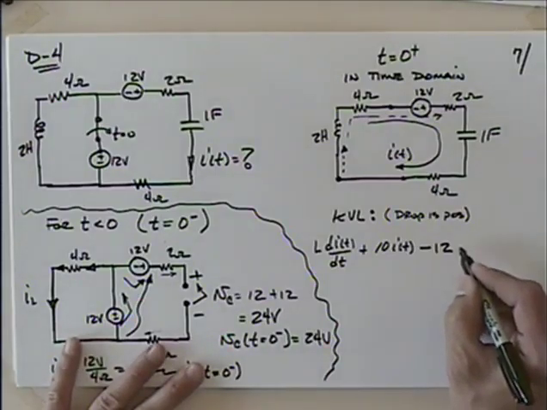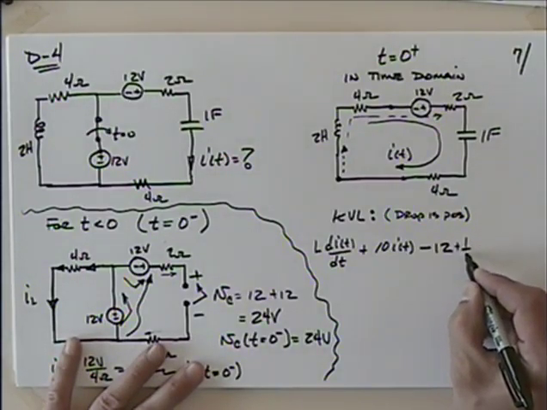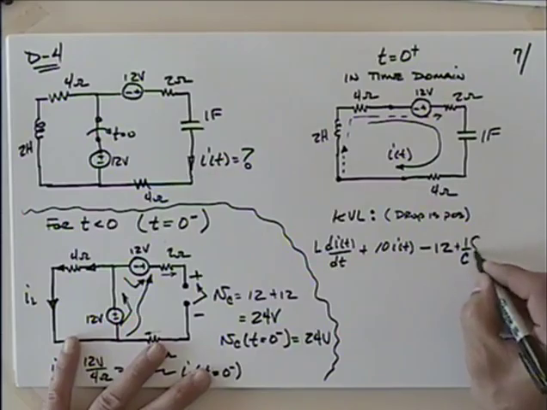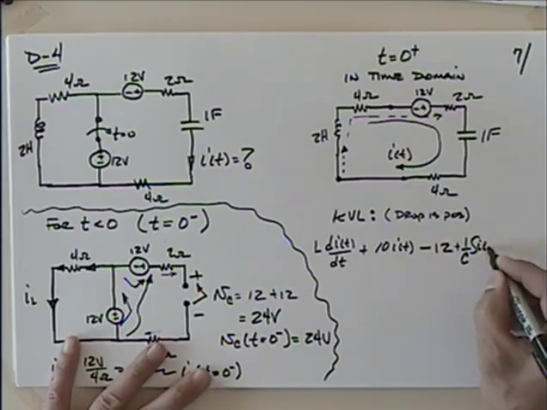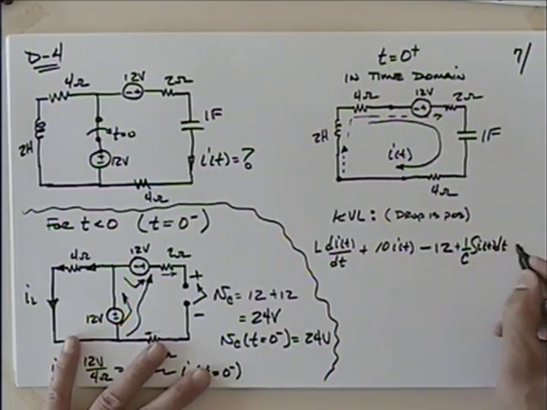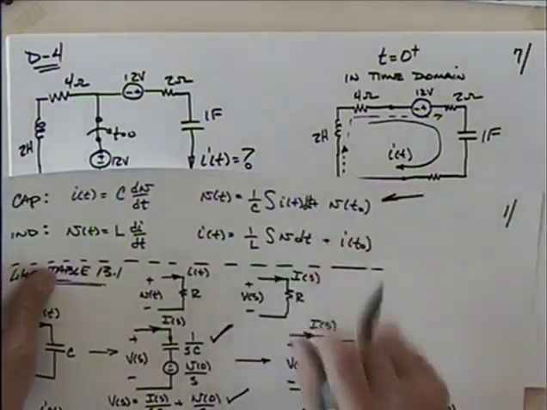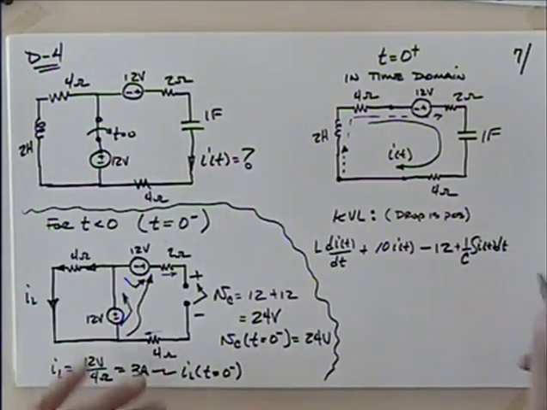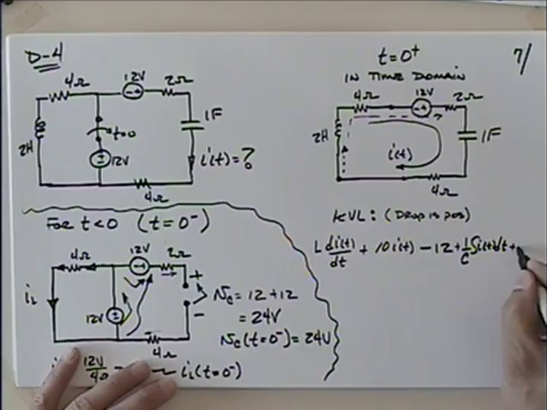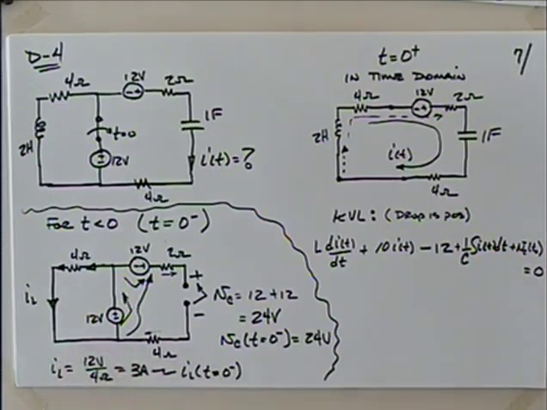So I can just say that it's plus 1 over C times the integral of I of t dt. And then I've got to take into account that initial. So plus v of C at t naught. And that is equal to 0. That gets me back to my starting point, right?